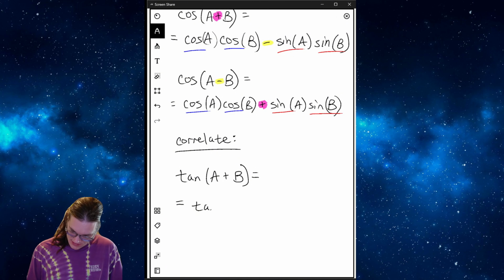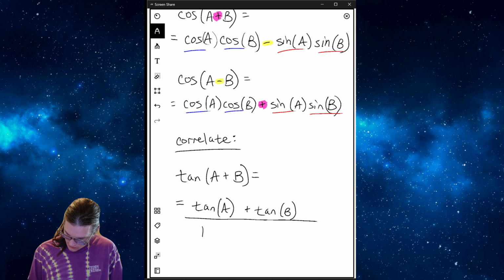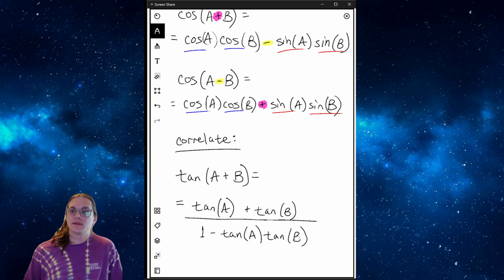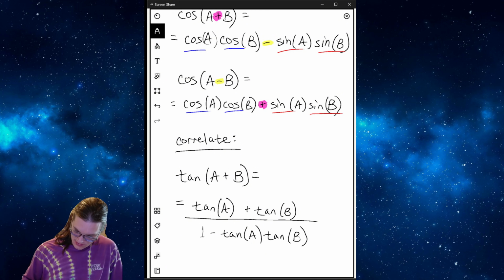So this is equal to tangent A plus tangent B all over 1 minus tangent A times tangent B. That one seems honestly kind of simple to memorize too. It's tan A plus tan B over 1 minus tan A times tan B.